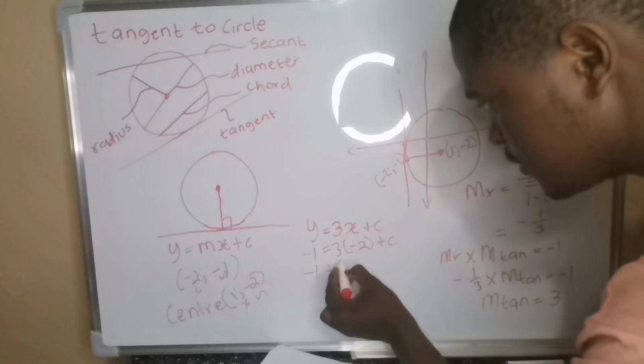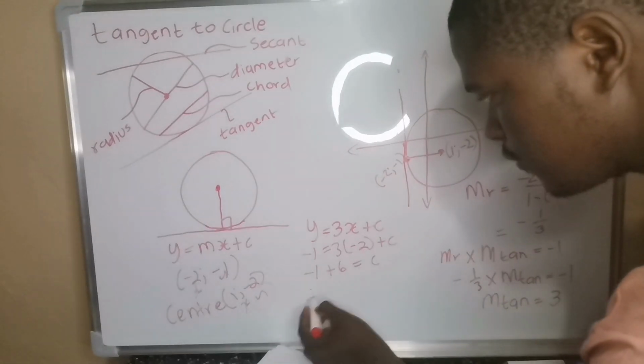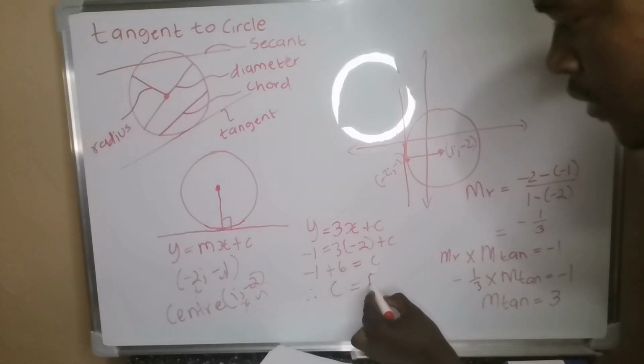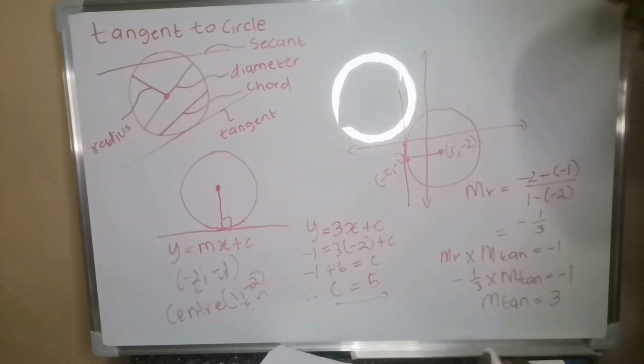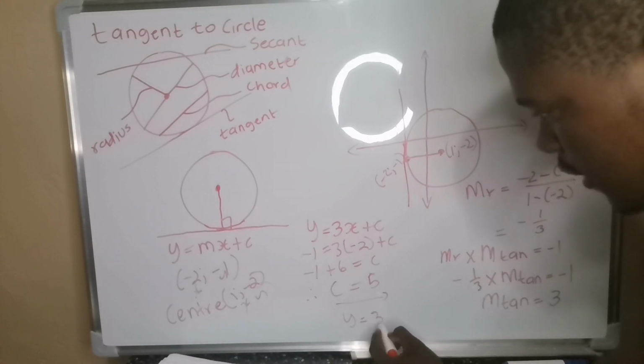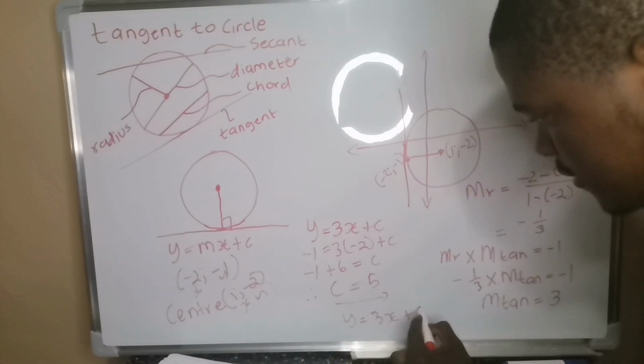We're going to have positive 6 equal to c, and therefore c is equal to 6 minus 1, which is 5. This is our equation. Therefore y is equal to 3x plus 5.